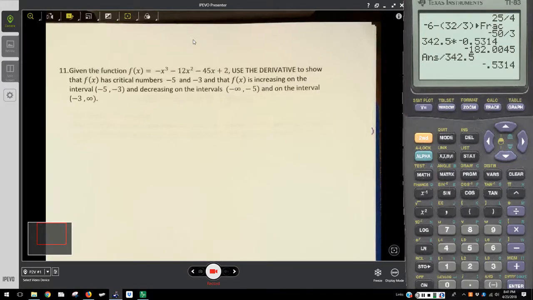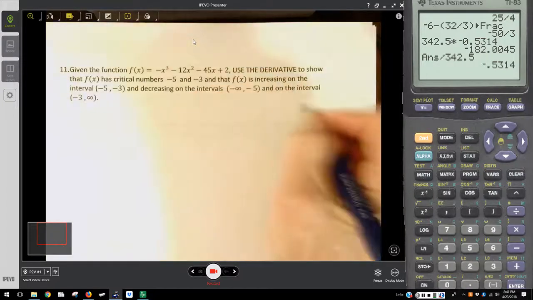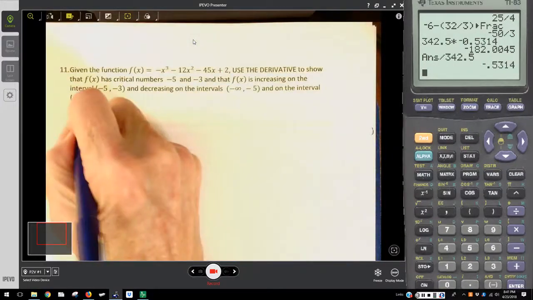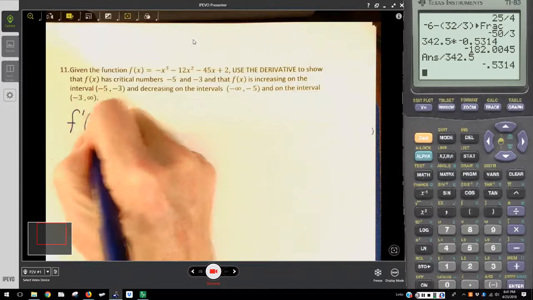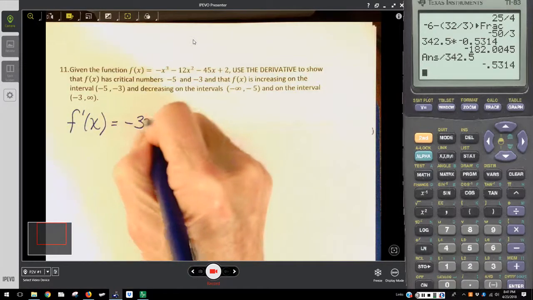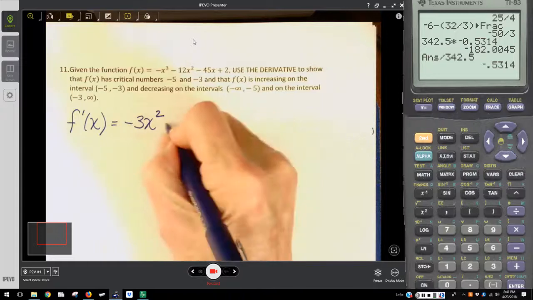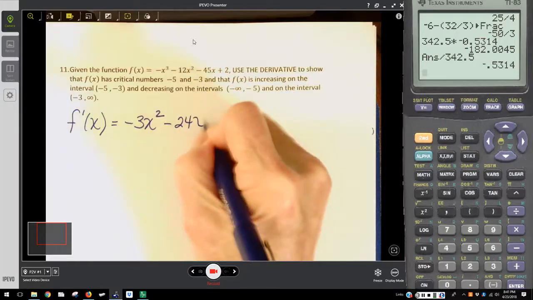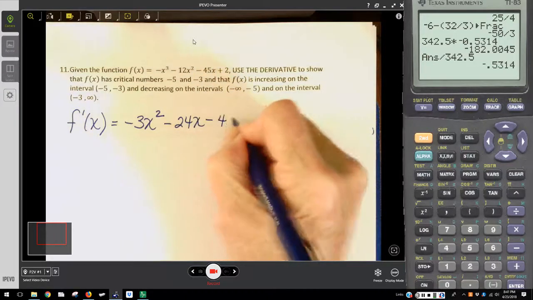Problem number 11 says, given the function f of x is equal to negative x cubed minus 12x squared minus 45x plus 2, use the derivative to show that f of x has critical numbers 5 and negative 3. So that means the derivative, f prime of x, is going to be negative 3x squared minus 24x minus 45.